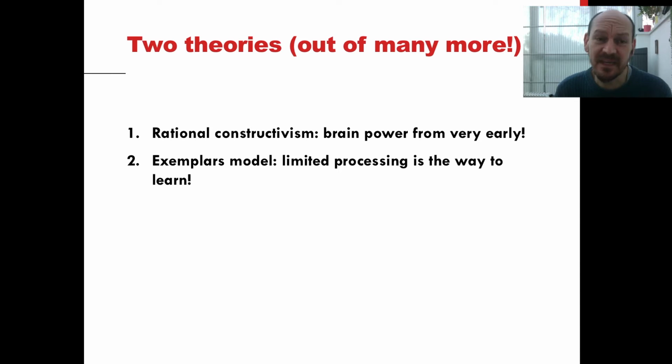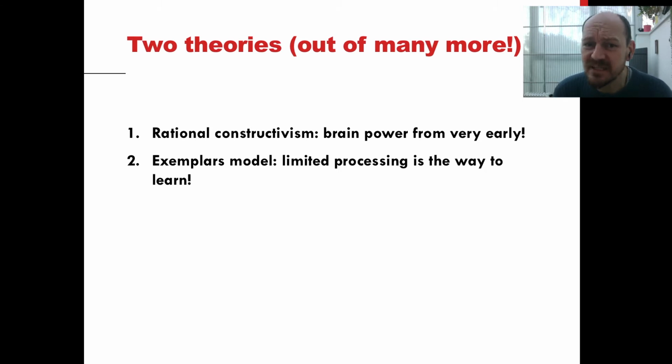And as the alternative, I've chosen the radical exemplars model. I've chosen it for two reasons. First, because it's radical, so it's really polarizing the field. And I think that's good because it is easy to understand what they are trying to say. And second, because it is opposed in many ways to the other one. In this case, the idea is that we human beings are very limited when we are processing our environment.